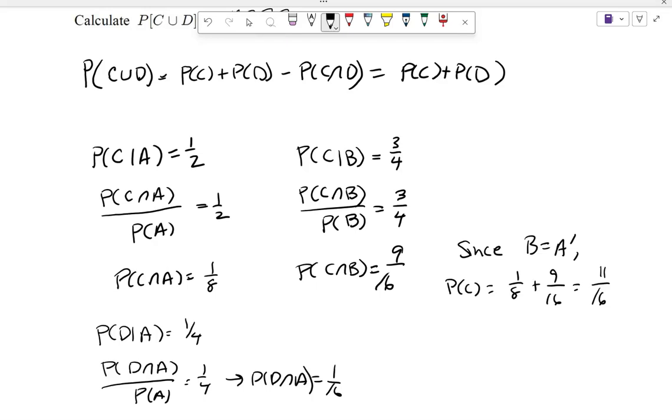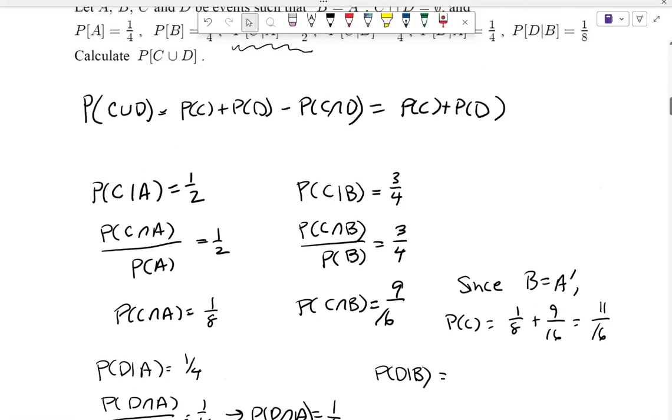Replace your probability of D given A with our formula. And again, we were given that probability of A was 1/4, right? So I multiply both sides by 1/4, I get a 16th. And again, do the exact same thing for D given B. Is that an 1/8? Is that what they gave us? Yeah.